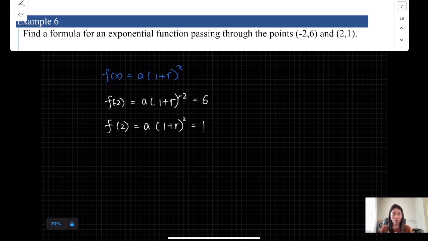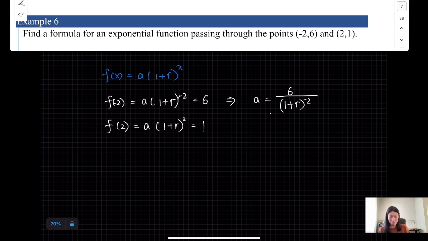Basically you use the substitution approach, solving one equation for a variable, then substituting that expression into the second equation. For example, from the first one, I can solve for A by dividing both sides, so I will have A equals 6 divided by 1 plus r to the negative 2 power.